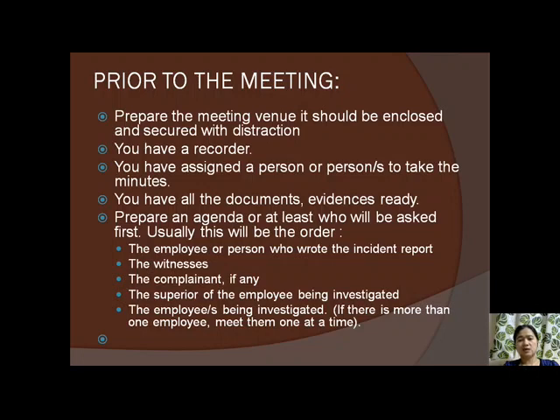Usually this will be the order: the person who wrote the incident report, the witnesses, the complainant, if any, the superior of the employee being investigated, and then the employees being investigated. If there is more than one employee, meet them one at a time. Those are the things you need to consider before you start the administrative hearing or meeting.